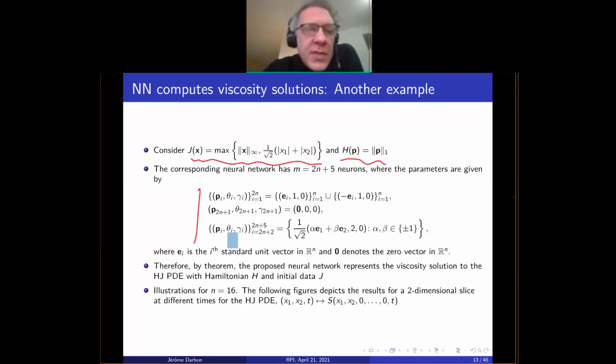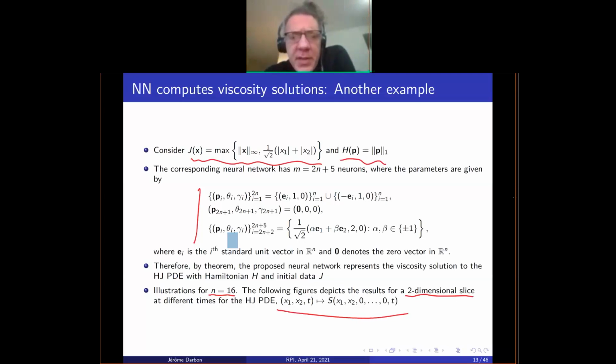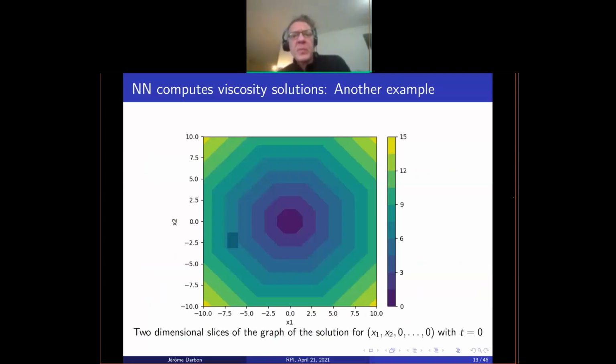And then when you set the parameters this way, you compute the viscosity solution of the corresponding Hamilton-Jacobi PDE. So here we did the computation for n equals 16. For representing the solution, I only represent a two-dimensional slice of this 16-dimensional solution space, and I show you this function, only the 2D slice of a high-dimensional solution of a Hamilton-Jacobi PDE.